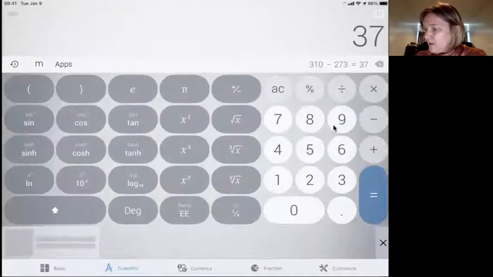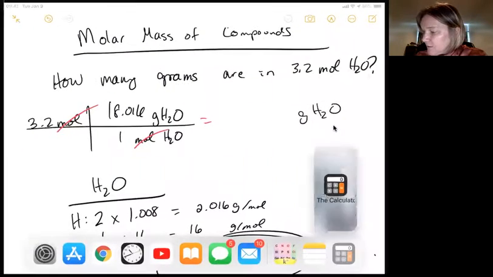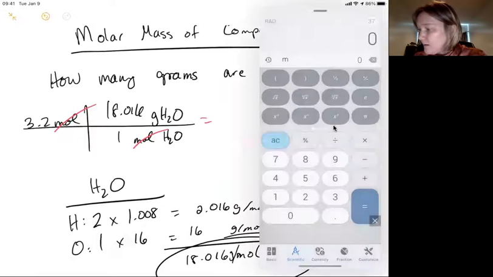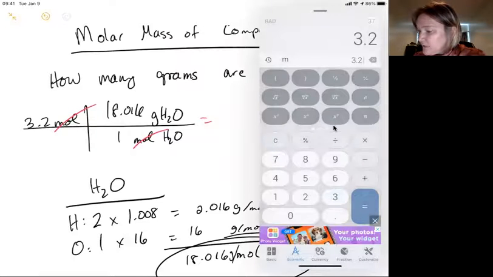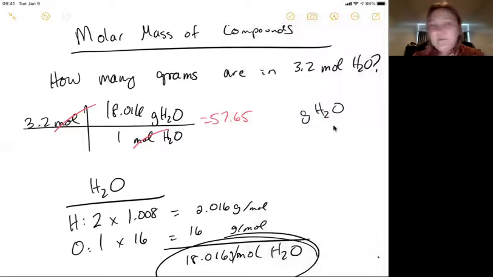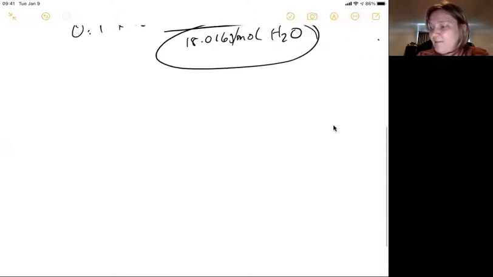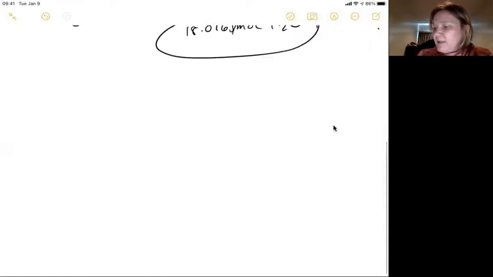So we have 3.2 times 18.016, and I have 57.65 grams of water.